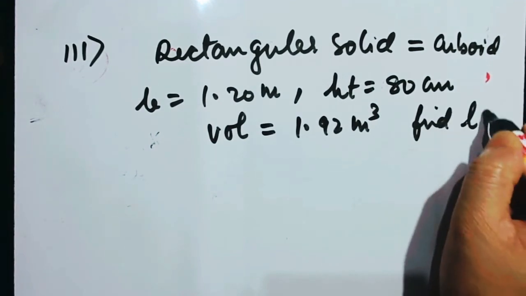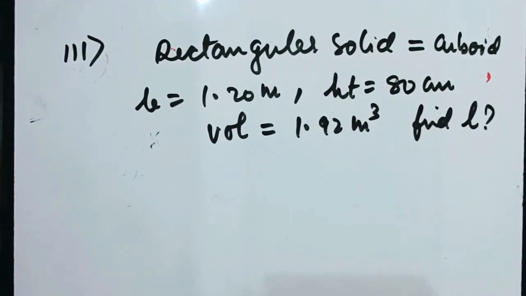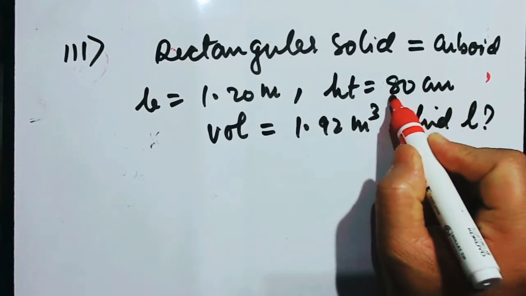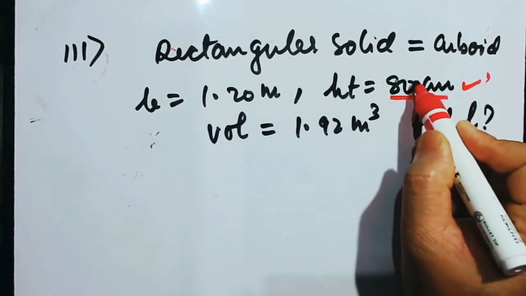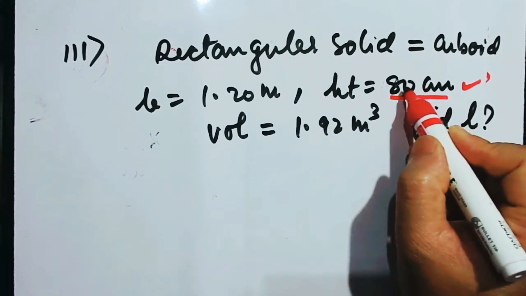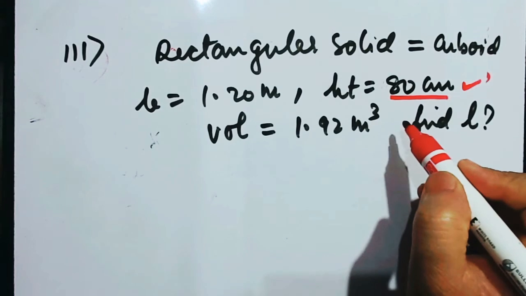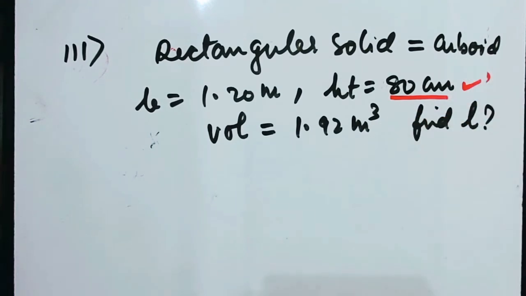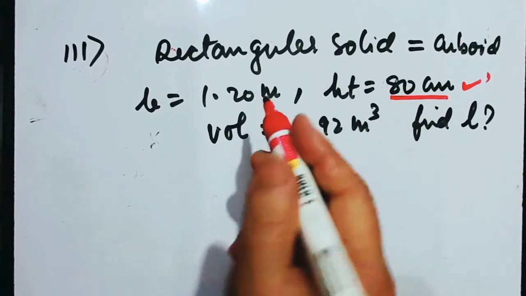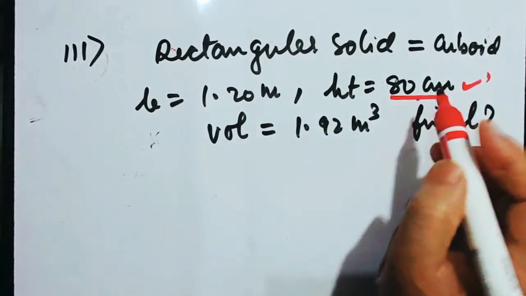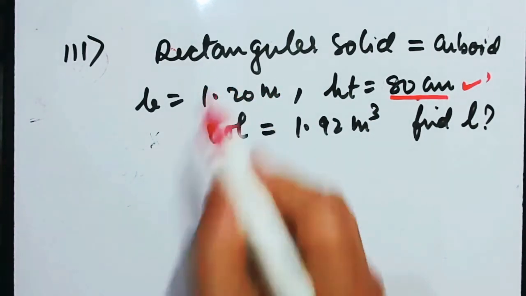So we will put this in the formula, but here we need to change its unit, isn't it? To meter. Why not change its unit to meter? So it depends on you. Either you change it into meter or you change it into centimeter. If I change this into centimeter, why?